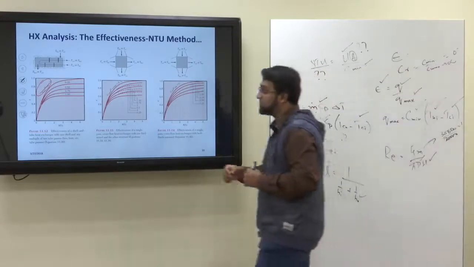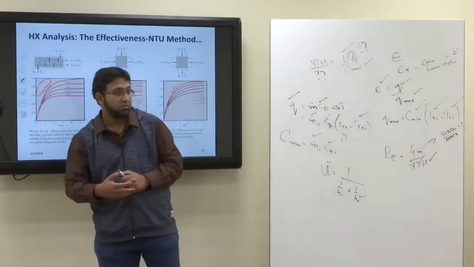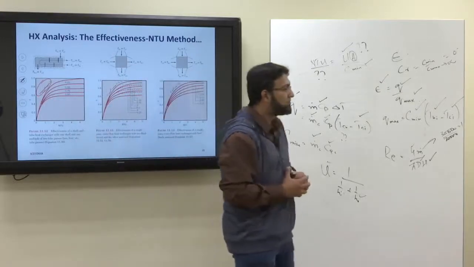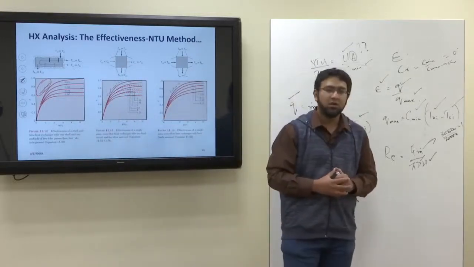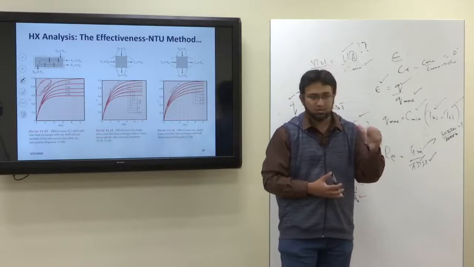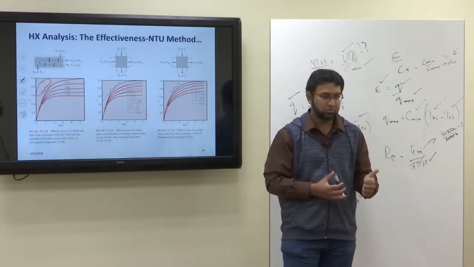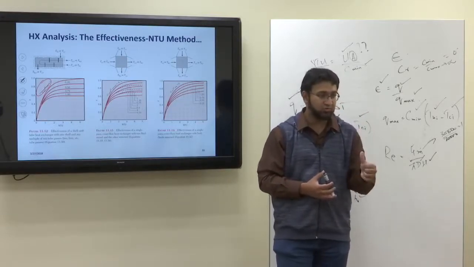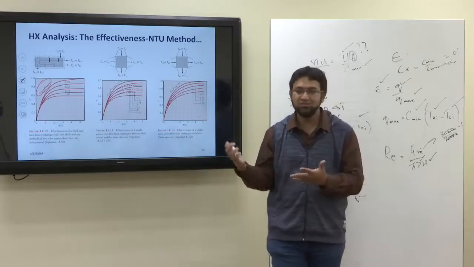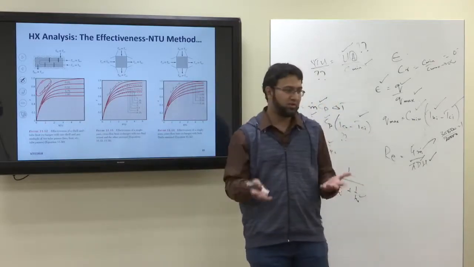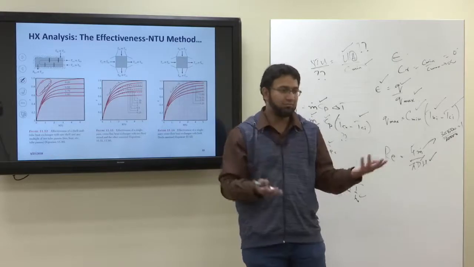Sir, what is the difference between the efficiency and the effectiveness? It's a conceptual difference. Efficiency is output over input. But here in heat exchangers, we don't have any output or input; well, they are the same.